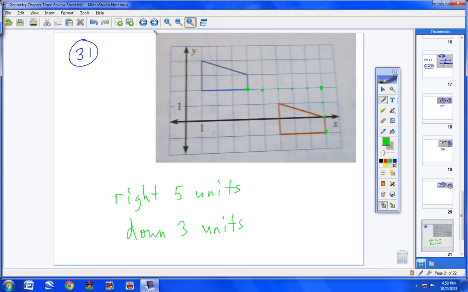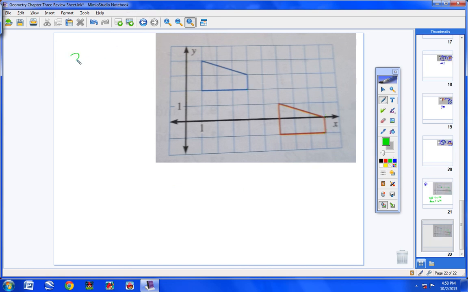But hold it. Now for number 32, they want you to describe the translation using coordinate notation. So remember how to do that? You start off with parentheses. You put an X, leave some space, put a comma, put a Y, leave some space, and close your parentheses. Now, X, of course, deals with your horizontal left-right movement because this is your X-axis right here.